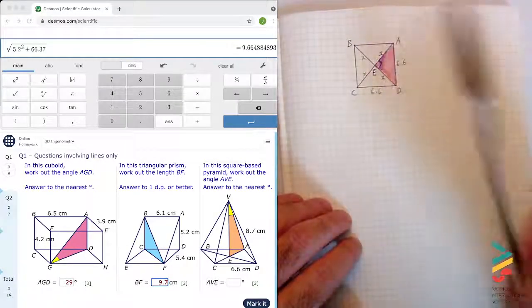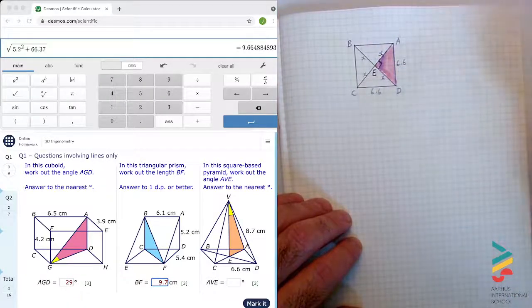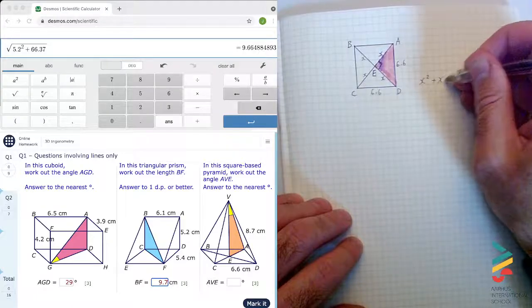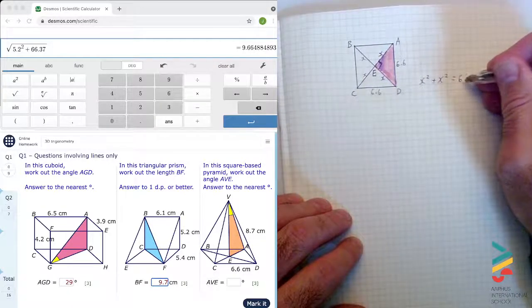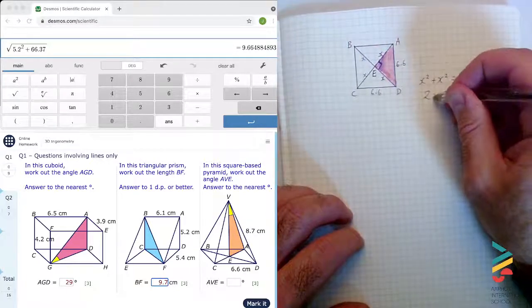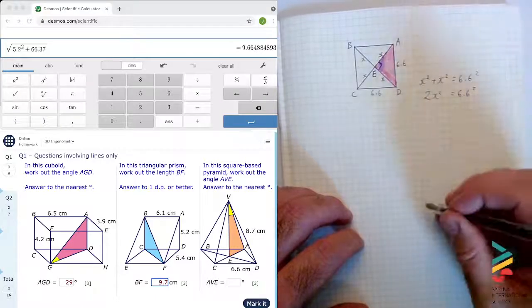It's got 2 sides that are X and a longest side that's 6.6. So X squared plus another X squared makes 6.6 squared. That's Pythagoras. In other words, 2X squared equals 6.6 squared.